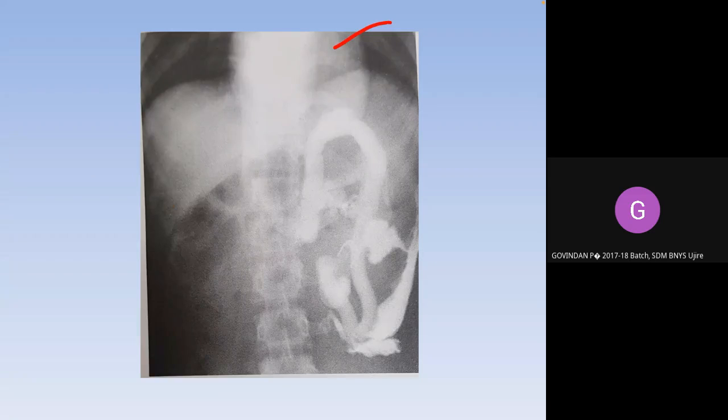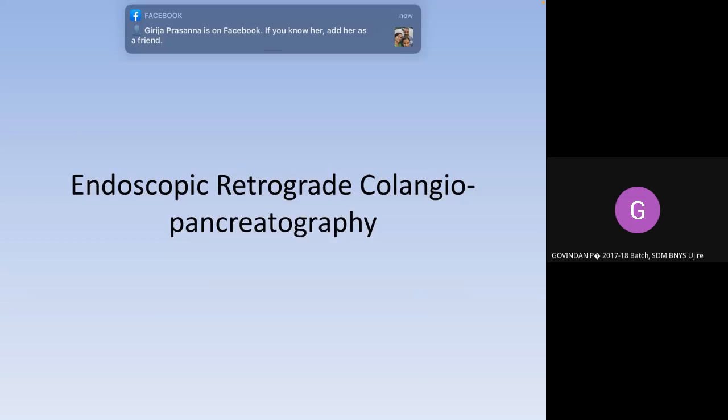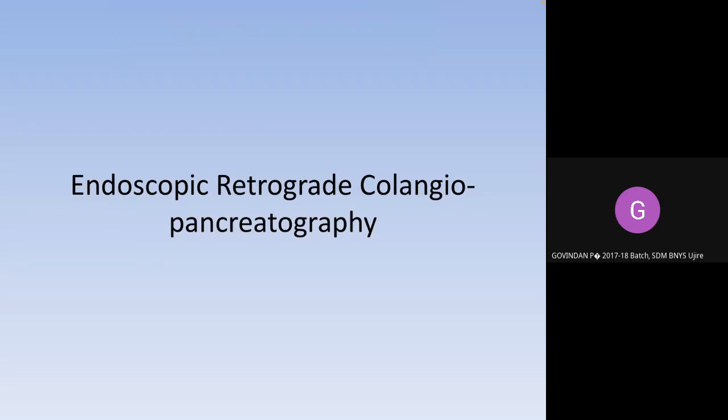That's something else. This is not there in your topic. They didn't tell me to teach you this, but endoscopic retrograde cholangiopancreatography is the name. What is this? Based on the name, can you guess what it is?